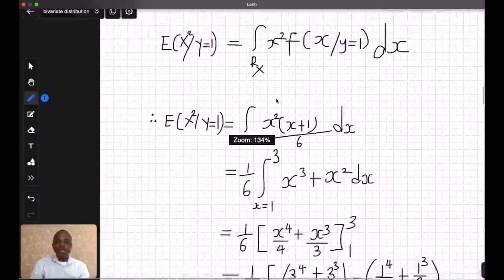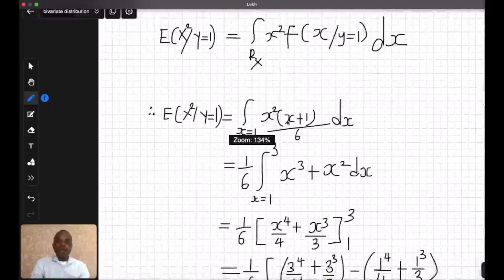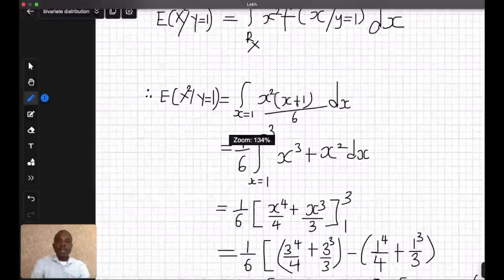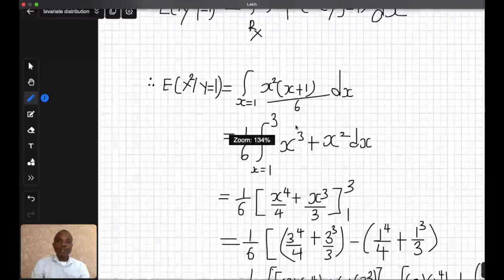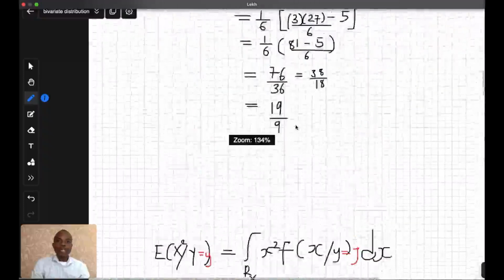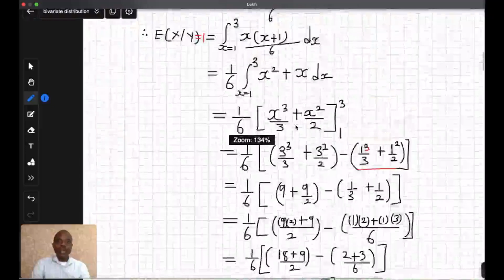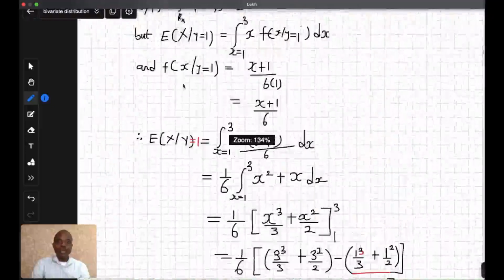Now we look at this. In this case, we're using x squared here, multiplied by x plus 1. Don't forget that this x plus 1 over 6 is coming from our conditional distribution above, the conditional distribution when y is equal to 1. So this is what I'm talking about, which is equal to this.